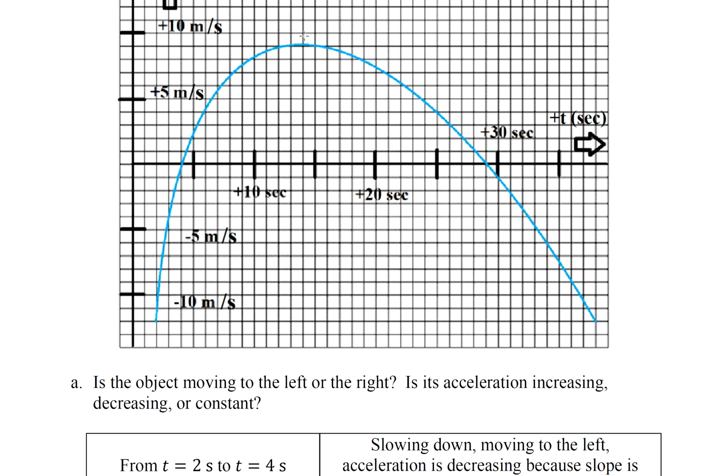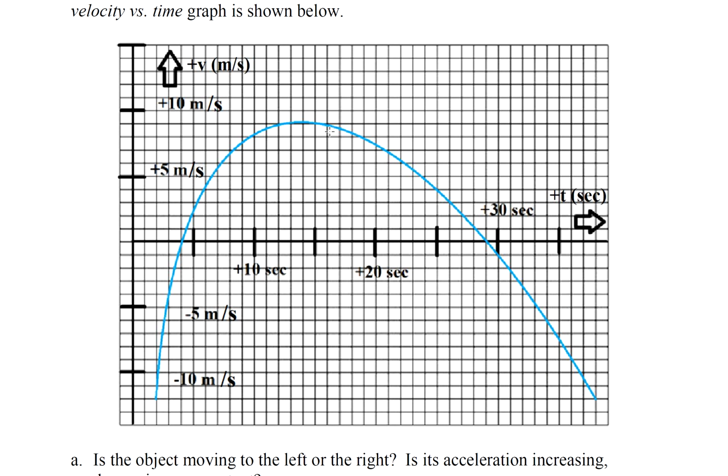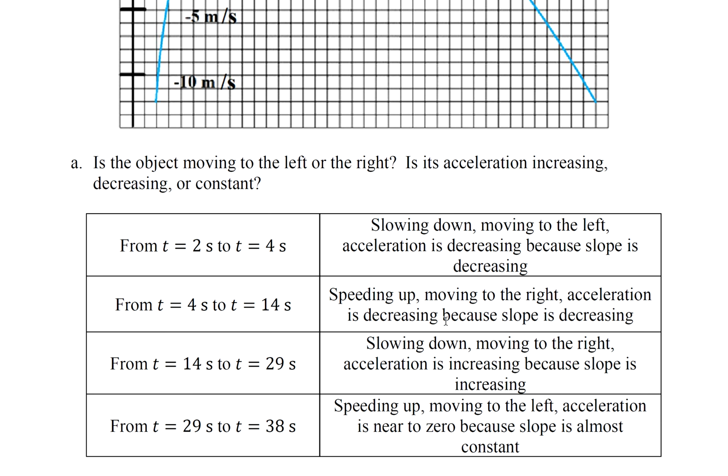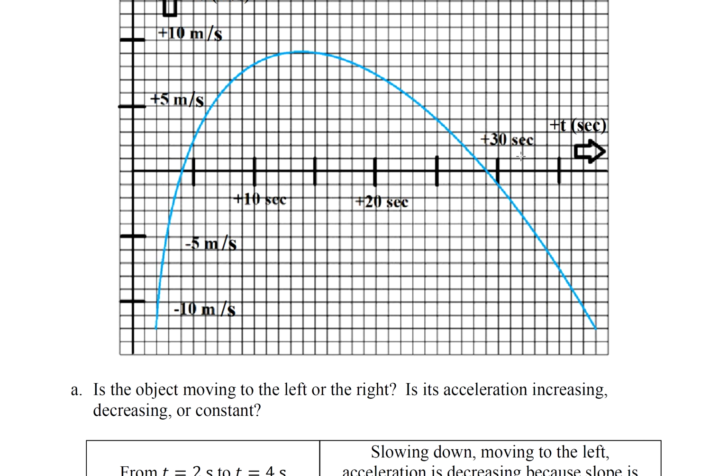So we're going to the right because velocity is positive. We're slowing down, but moving to the right. And then finally, from 29 seconds and on, it looks like the slope is decreasing or almost the same, and we're moving to the left because the velocity is negative. From 29 seconds and on, the velocity is negative.